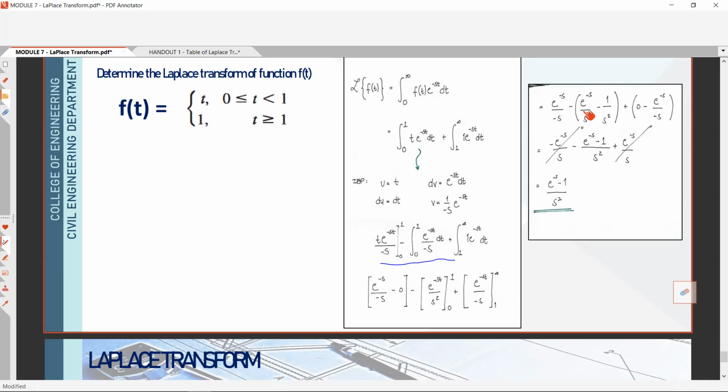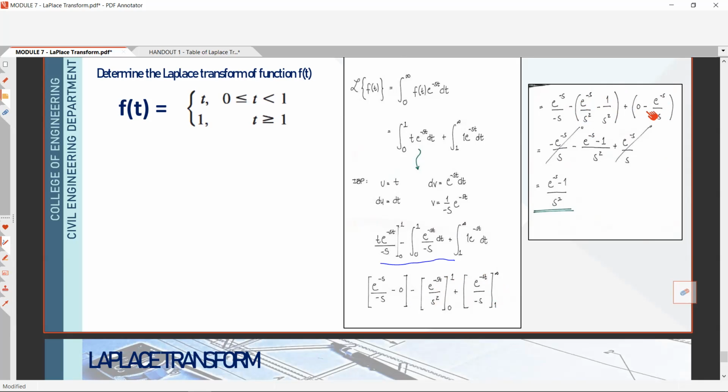Next one, plug in positive infinity for t. It becomes a denominator since the exponent is negative infinity, therefore the upper limit is 0. Then plug in 1 for t. What is left is e raised to negative s over negative s.